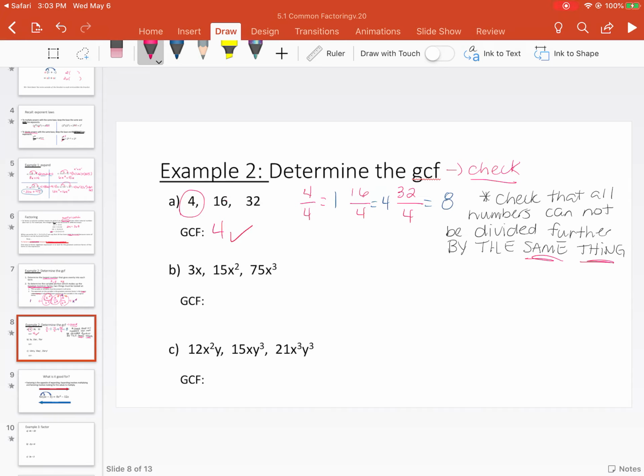So 1, 4, and 8 are not divisible by the same thing. Then the greatest common factor of 4 is right.